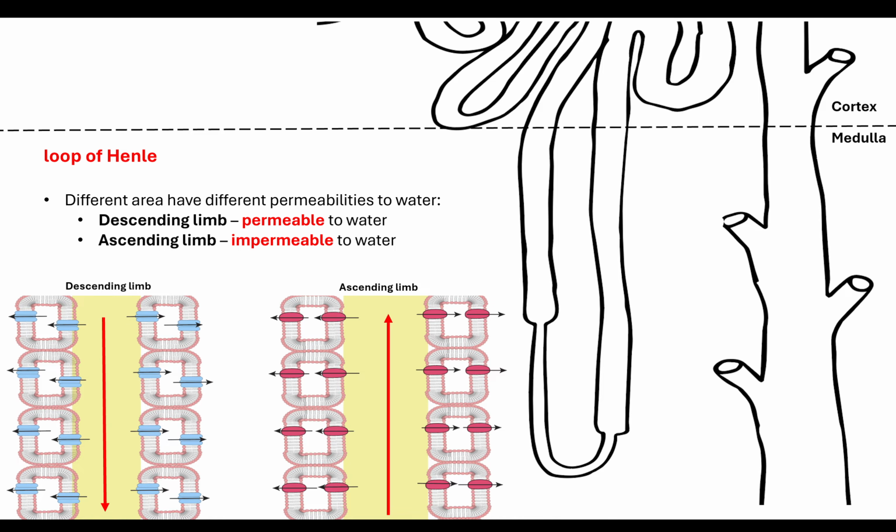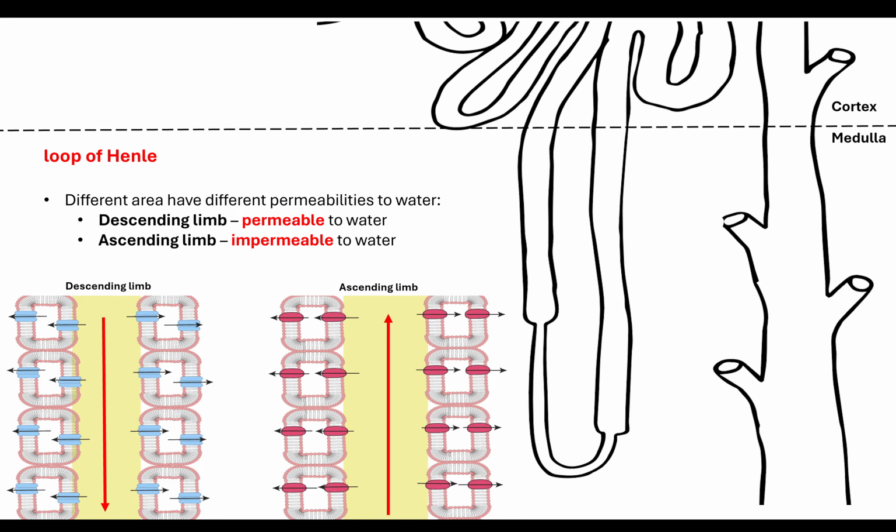Our ascending limb is impermeable to water. What does that mean? Well, the permeability is to do with the fact that the membrane has a channel which allows the water to move across.